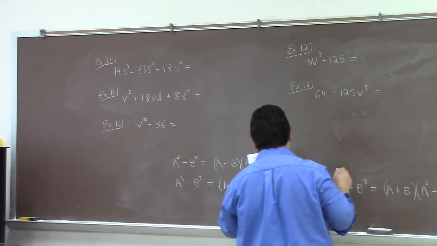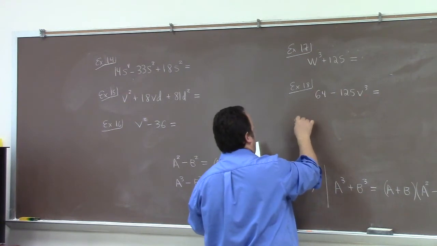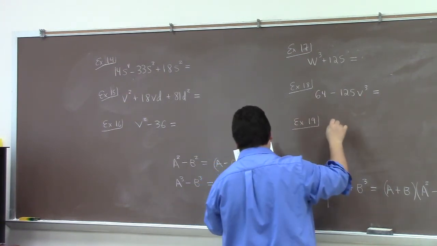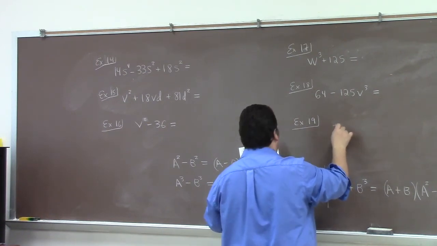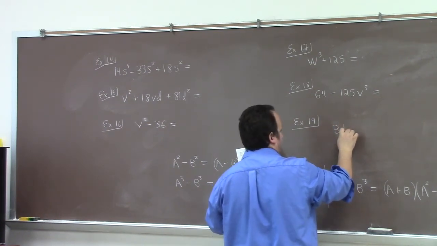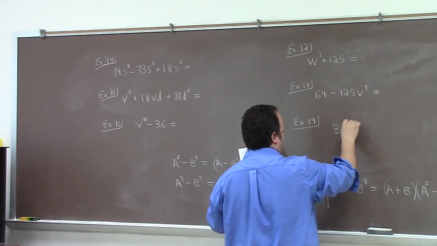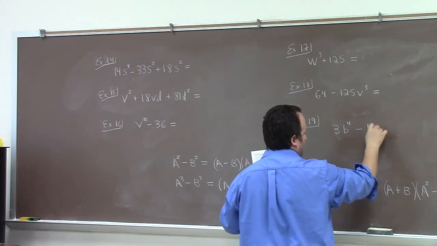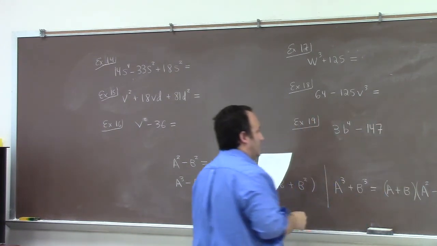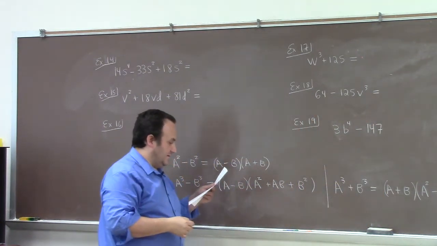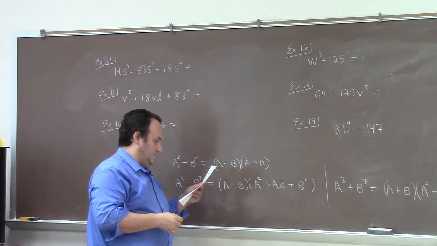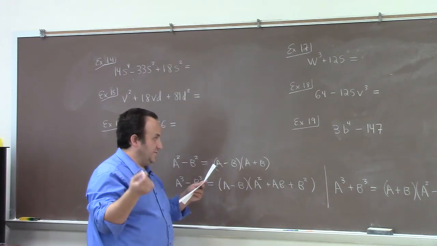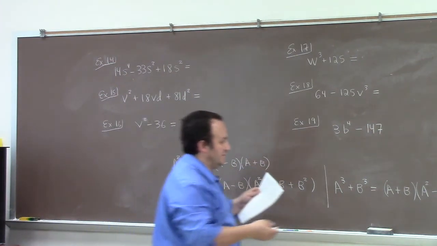I'm really kind of annoyed with your book in the sense that there are so many problems here without x's. I would be happier if there were more x's in these problems, because changing the letter makes it a little bit more tricky. It shouldn't, but I think mentally it does for people who are still just learning.